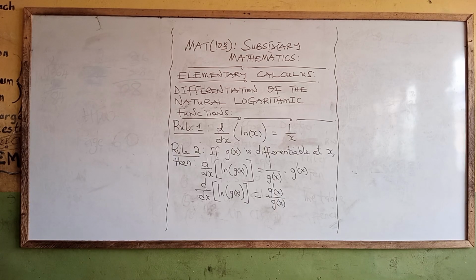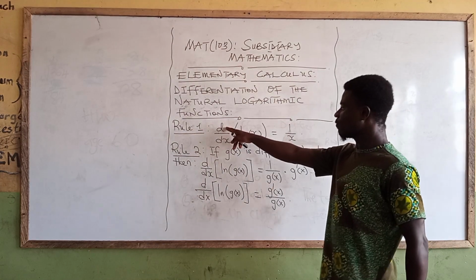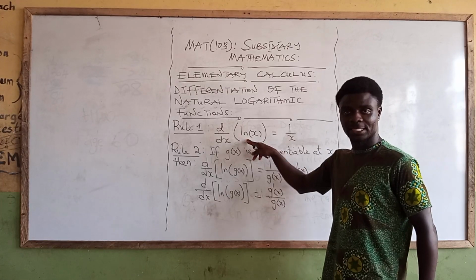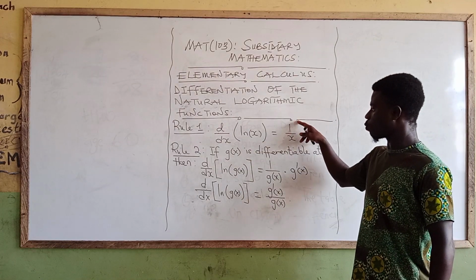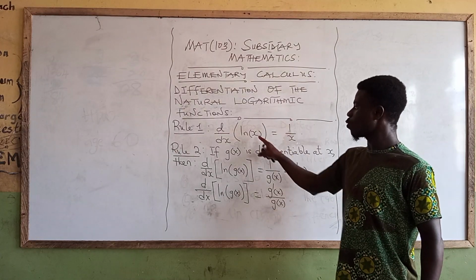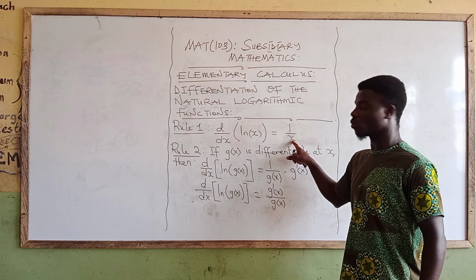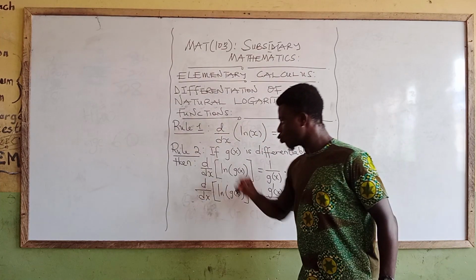Let's see. We have rule 1. If you want to differentiate with respect to x of ln x, we have 1 over x, which means that you take 1 over the expression inside the brackets, which is x. Now, rule 2.